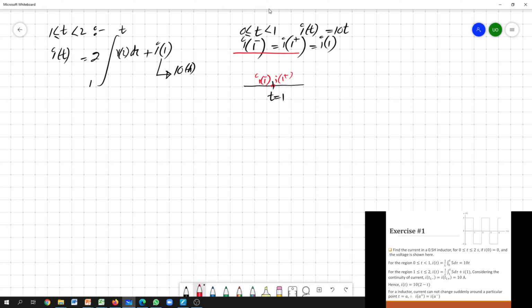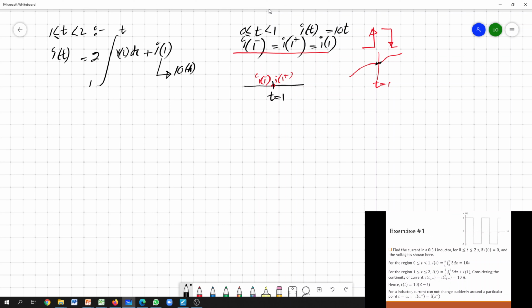These are equal, because capacitors and inductors cannot manage sudden changes, sudden rises or sudden falls or drops. So we can assume that at these places it's continuous. So at t equals 1, these three values coincide at the exact point.